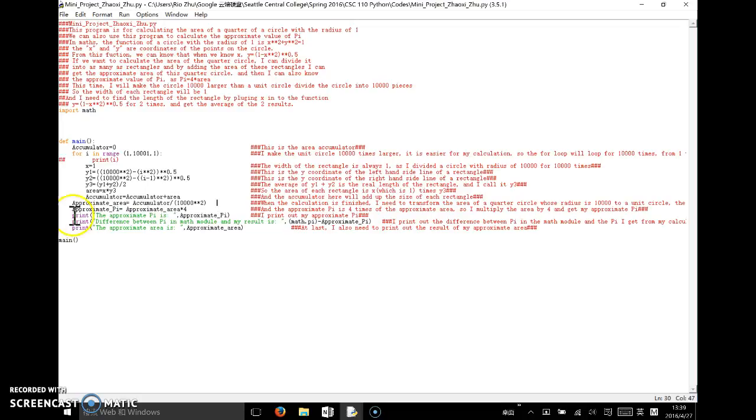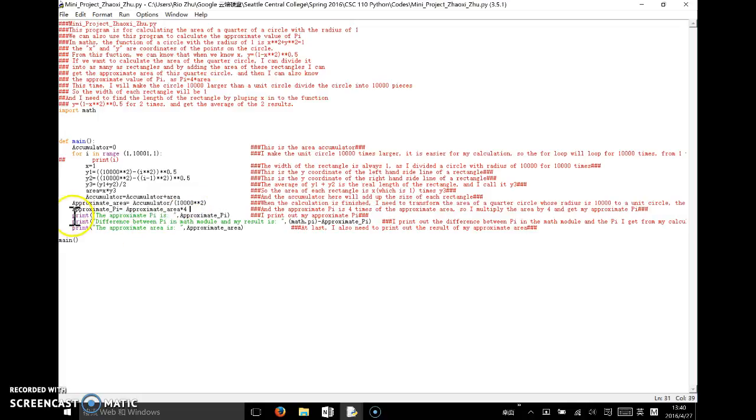I need to get the approximate area of the unit circle by dividing the accumulator, which is the area of the big circle, by 10,000 times 10,000, and then I will get the approximate area of the quarter unit circle, and then the approximate pi is just the approximate area times 4.